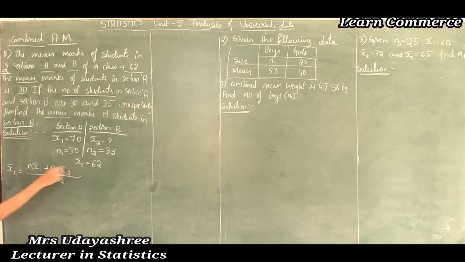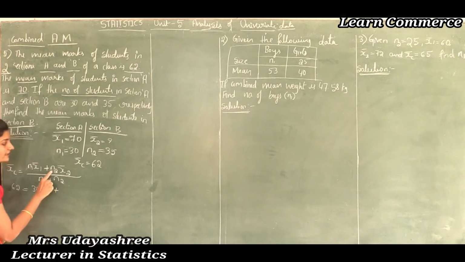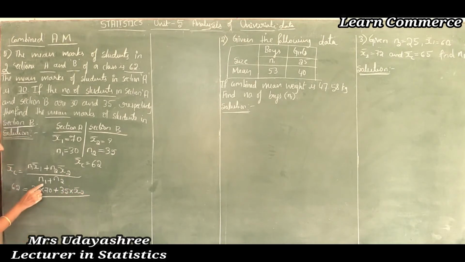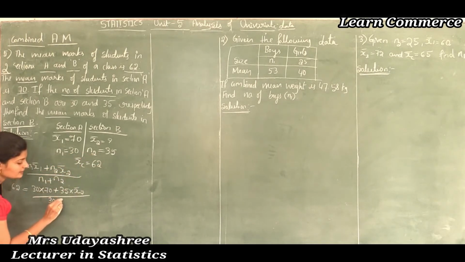So x bar c is 62, which is equal to n1 is 30 into x bar 1, which is 70, plus n2 is 35 and x bar 2 is unknown, that we need to find, divided by n1 plus n2. Here n1 is 30, n2 is 35, so 30 plus 35.